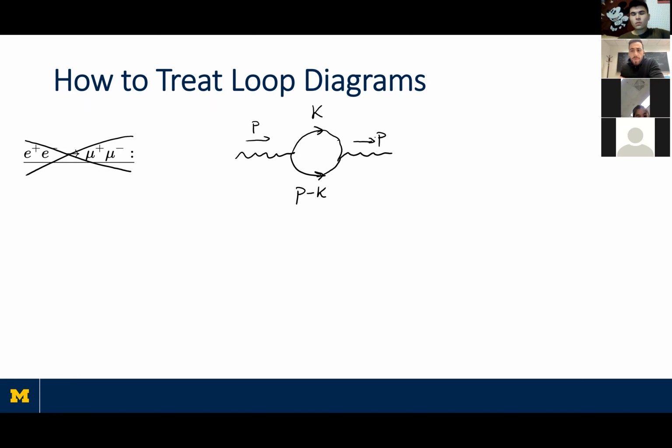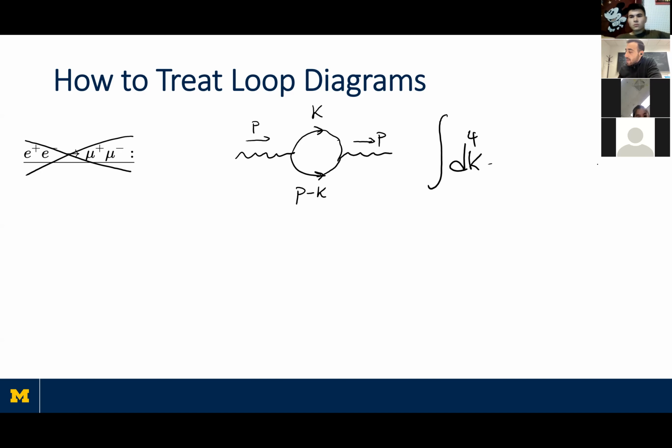So what do I do with this k momentum that's unknown? Well, it could be anything, right? That's what it means to have an infinite number of ways you can split. It could be any momentum. And whenever we have these possibilities of being any momentum, Feynman tells you, well, you have to integrate over all momentum. You have to consider every possible momentum, and you have to integrate over it.